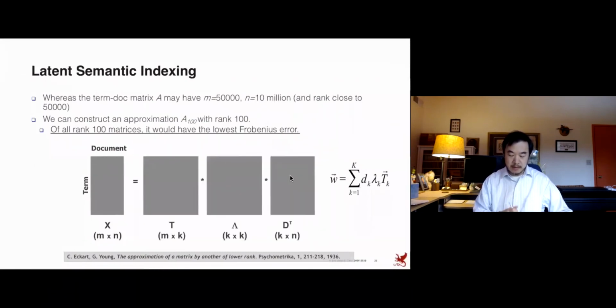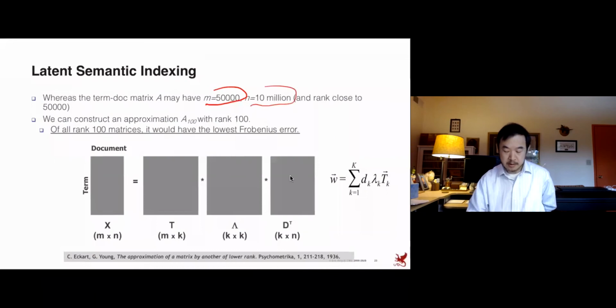So in this case, you can see a very convenient way of reducing dimensionality. And this is also what is known to be a major goal in LSI, latent semantic indexing. Say, starting from a huge matrix of 50,000 terms and maybe 10 million documents.